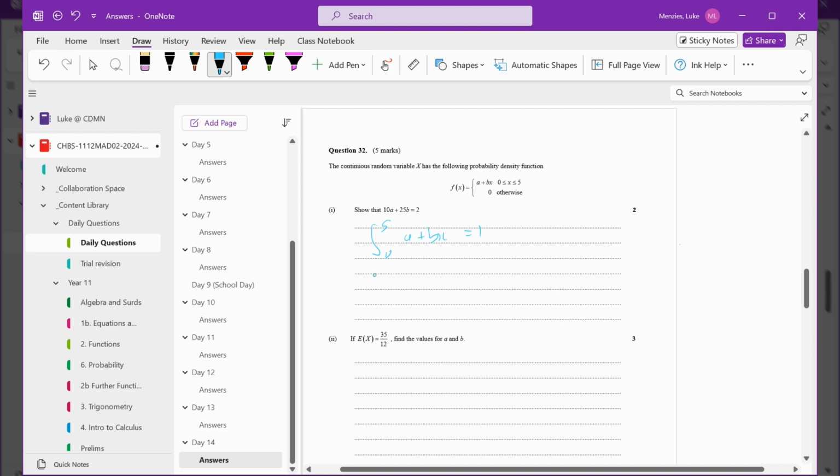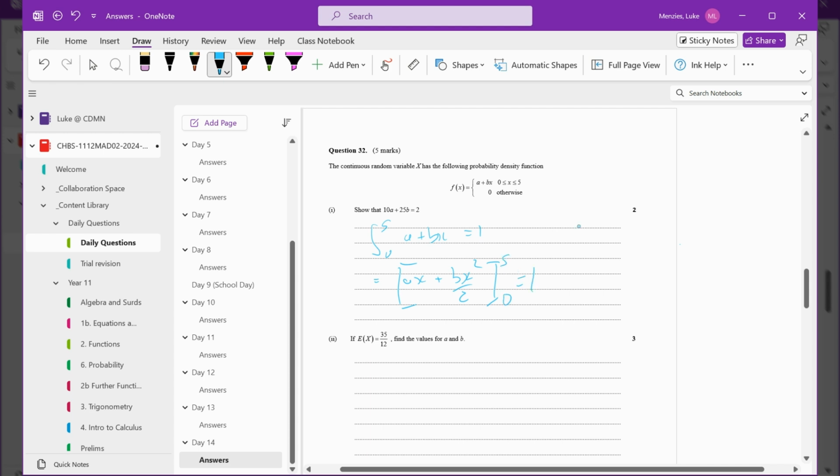If we integrate that, we should get ax plus bx squared over 2, and we're going to do that between 5 and 0. And don't forget this equals 1.